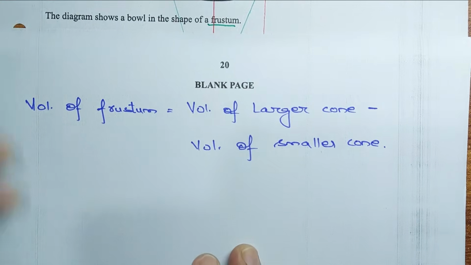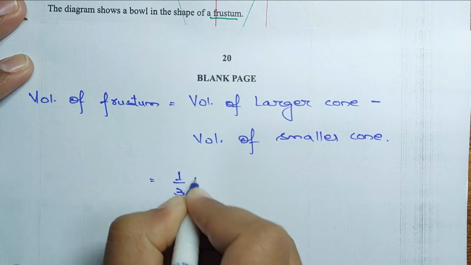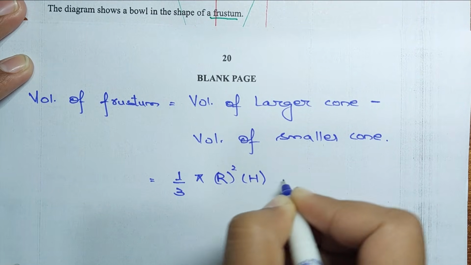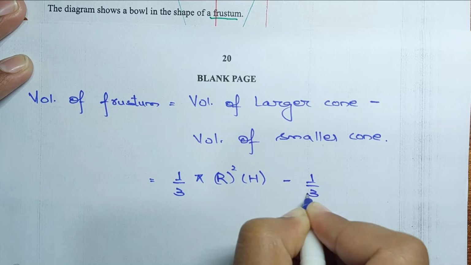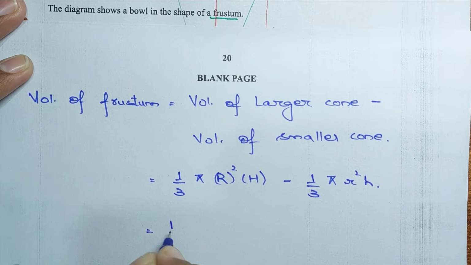Okay, so we know that the volume of a cone, its formula is 1 by 3 pi r square h, minus 1 by 3 pi r square h. So this is 1 by 3 pi.